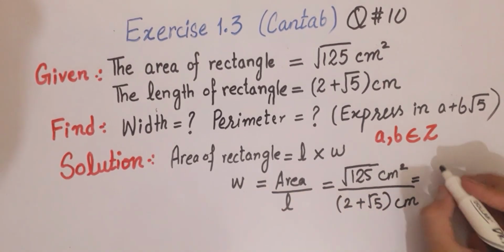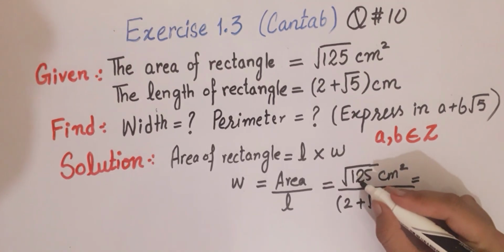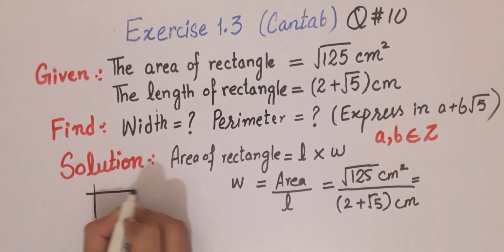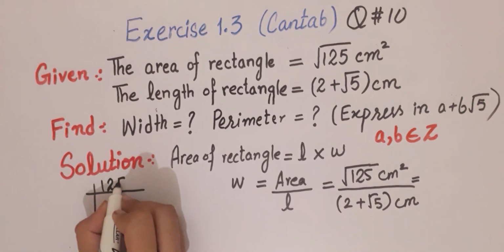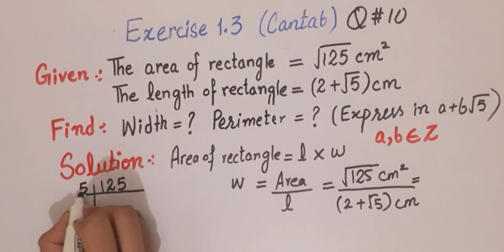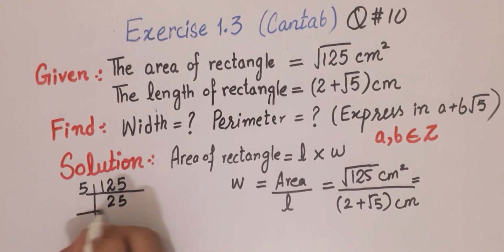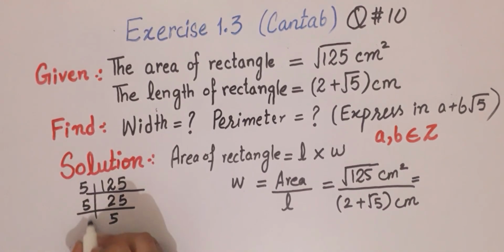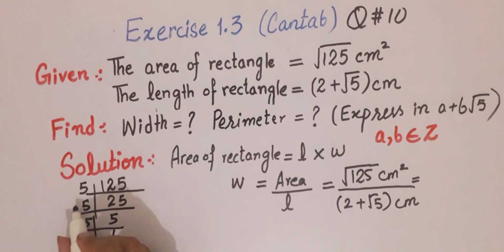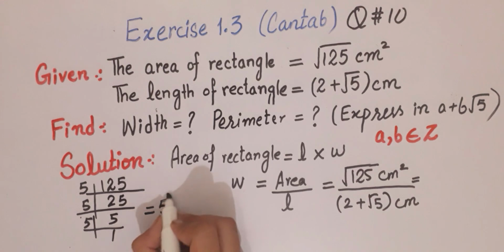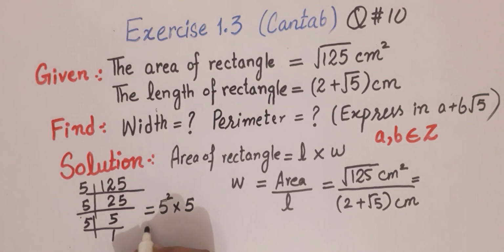Now this will become square root of 125. We can make the factor of this: 5, 25, 5 multiply 5 multiply 5, which is equal to 5 square multiply 5.